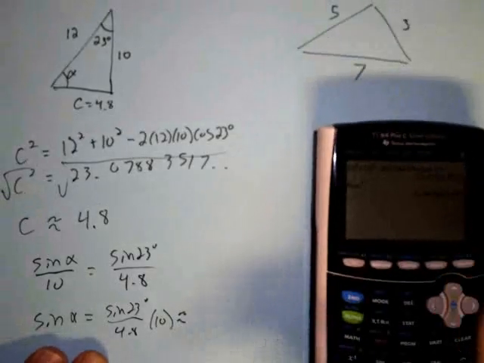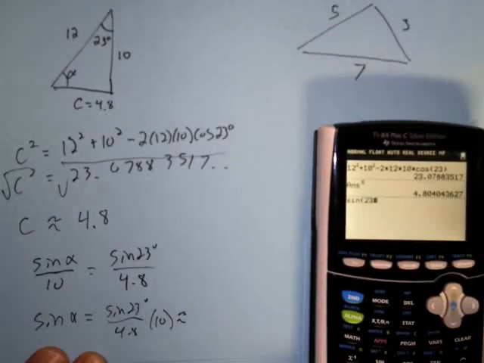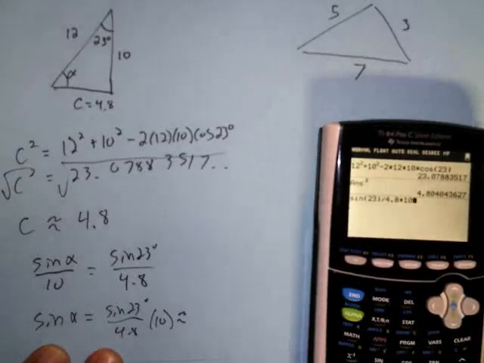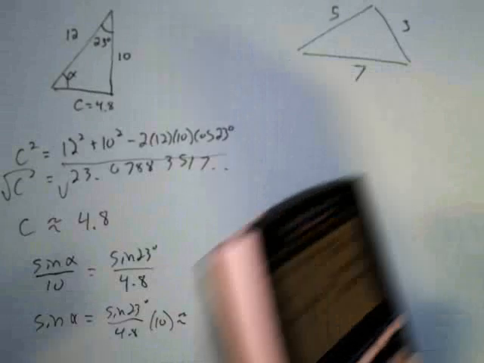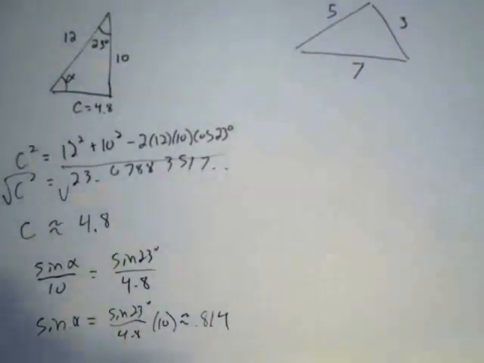So sine alpha is equal to sine 23 divided by 4.8, times 10. And this whole thing is about 0.814.